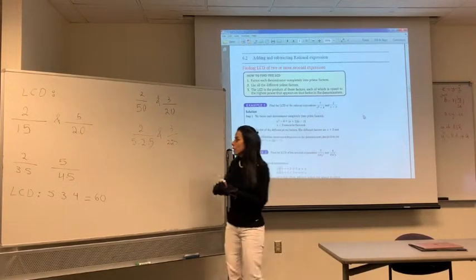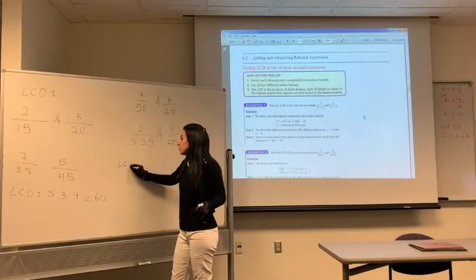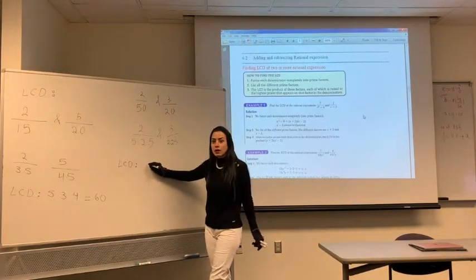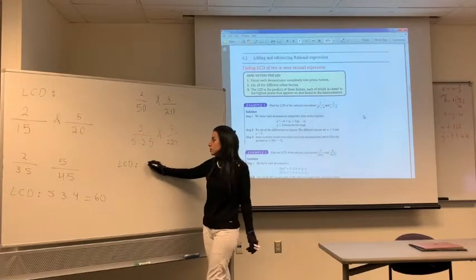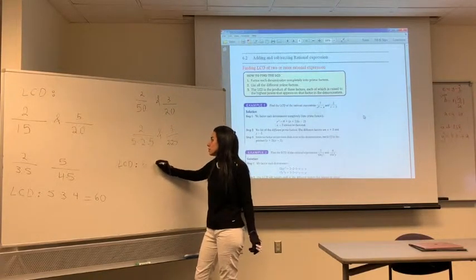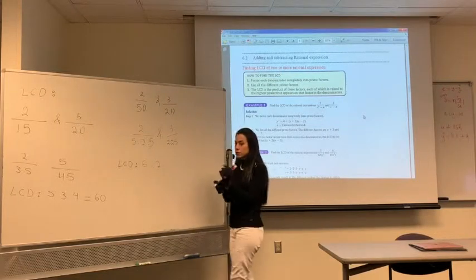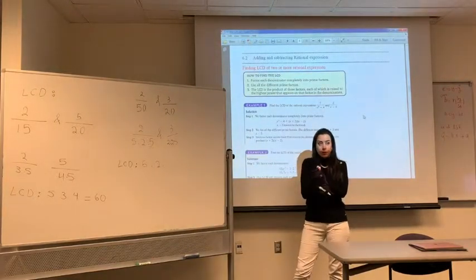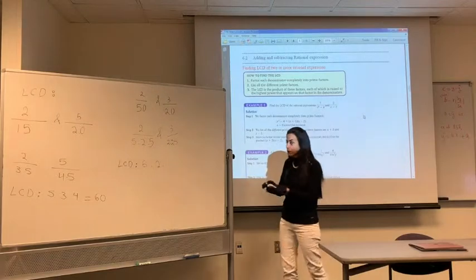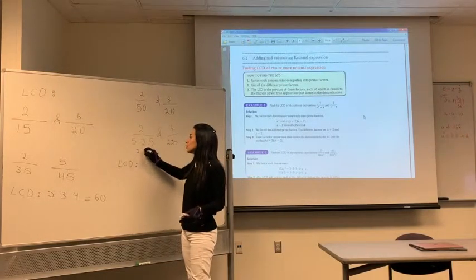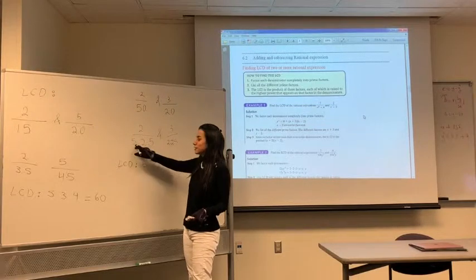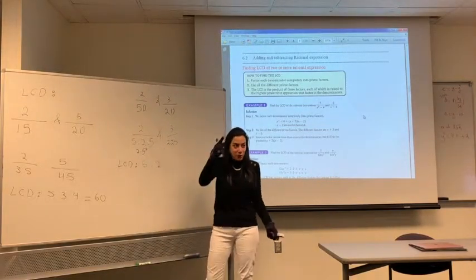Let's see. We said write down all the common and uncommon factors. 5 is common, 2 is common. Correct? But we are not done yet. Because here we had 2 multiplied by 5 power 2, because 5 multiplied by 5 means we have 2 of them, right?